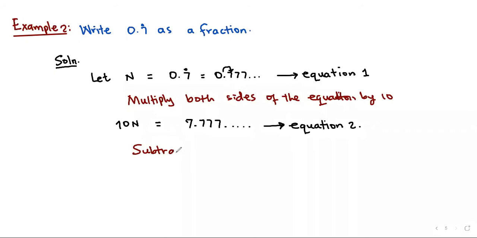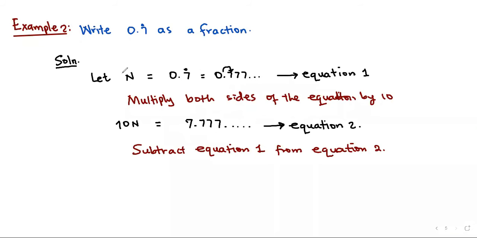Subtract equation 1 from equation 2. So this means that equation 2 is 10n equals 7.777 repeating.